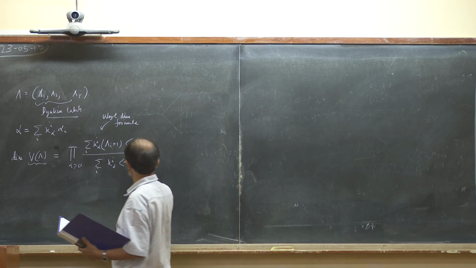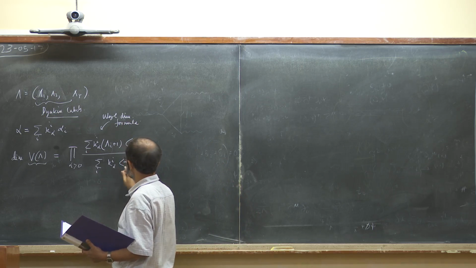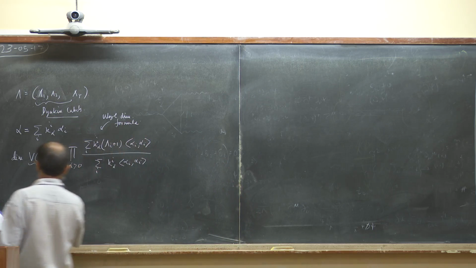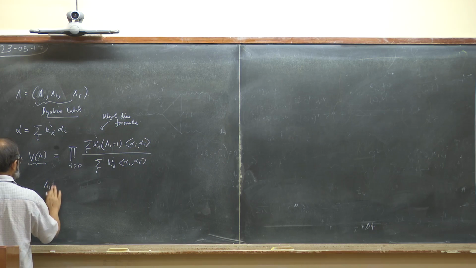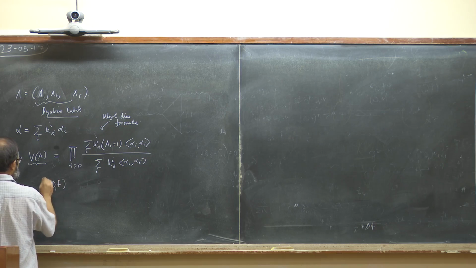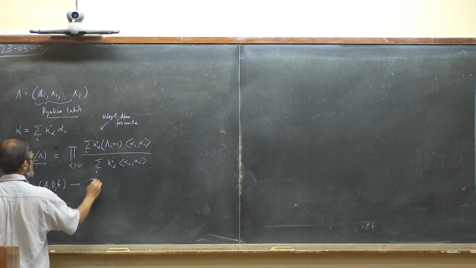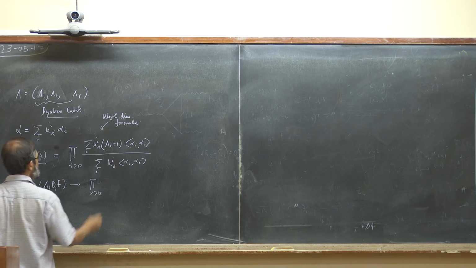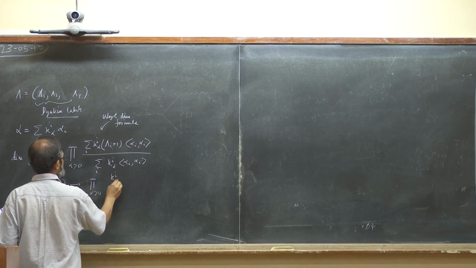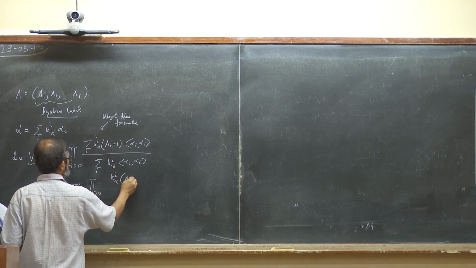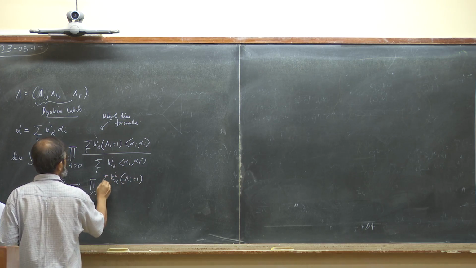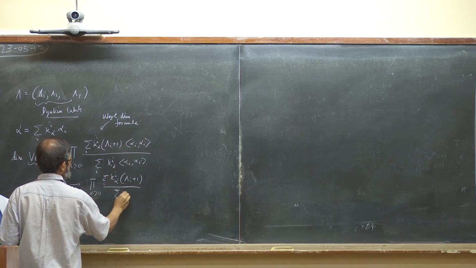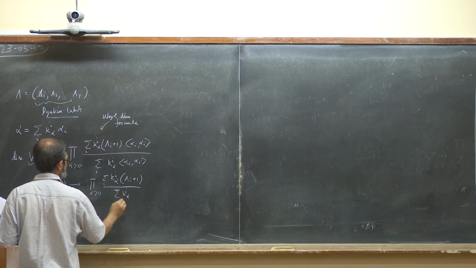So this and this just cancel out, and for the A, D, E type of Lie algebras, in particular A being the SU(N)s, it just becomes a product over all positive roots alpha of the sum over i divided by k_i alpha.